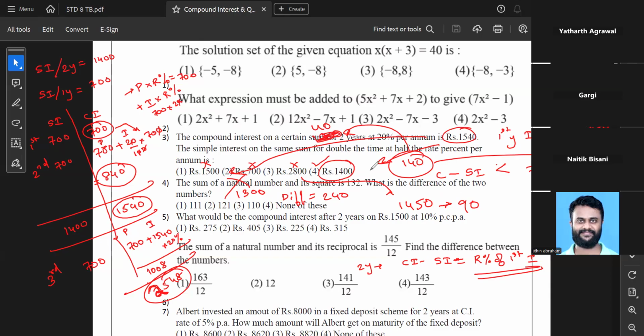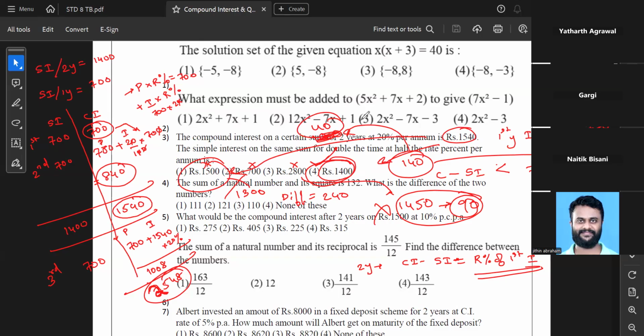So again, my closest number is 140, closest to 144. So I would have first tried 1400. If 1400 was not working, then I would have tried 1450 because the difference is 90, the second closest. If this was not working, then only I would have tried 1500, which has the least difference. Do you understand this? Okay, sir.